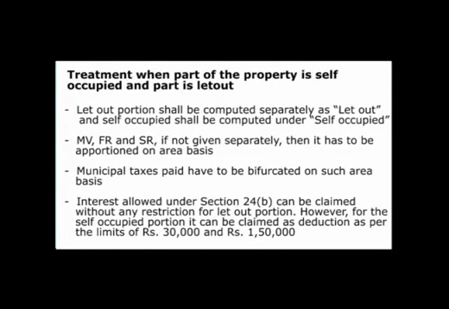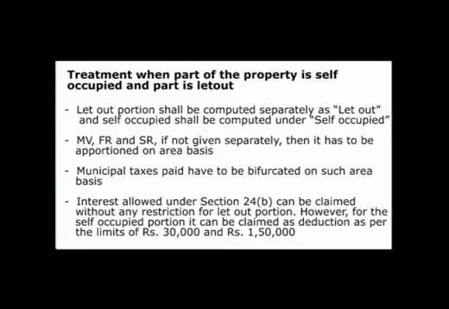The treatment when part of the property is self-occupied and part is let out: the let out portion shall be computed separately as a let out property, and the portion which has been occupied by the owner shall be computed under the self-occupied portion.